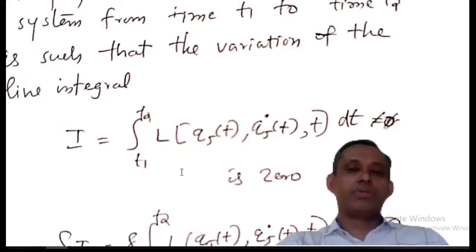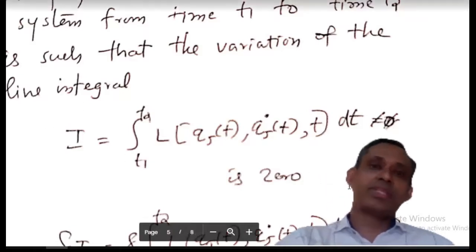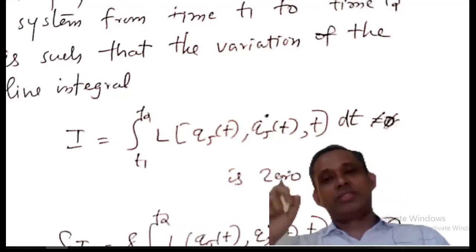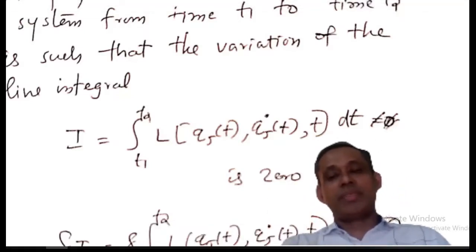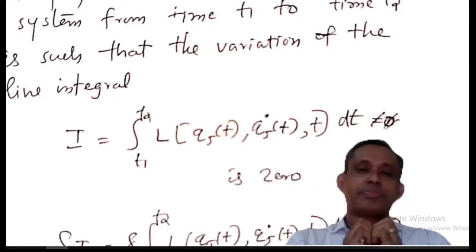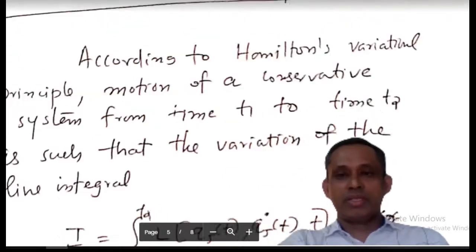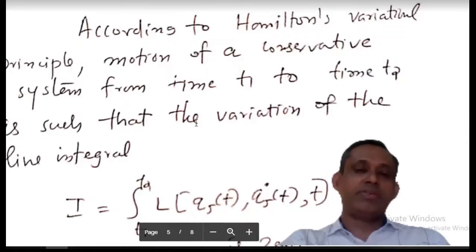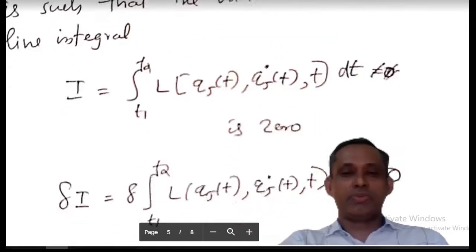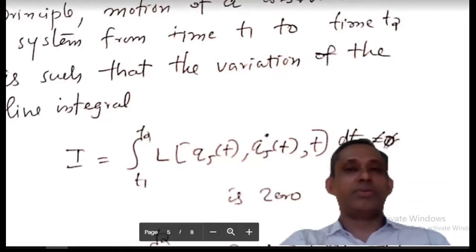Integral t1 to t2 of L, a function of qj, qj dot, comma t, dt, the action integral. According to Hamilton's principle, the motion of a conservative system from time t1 to t2 is such that the variation of the line integral, delta I, is equal to 0.